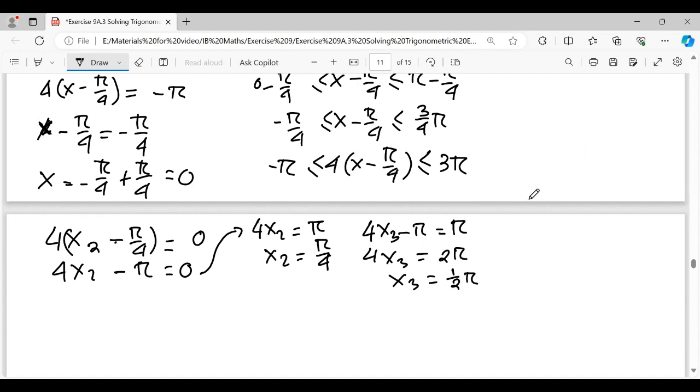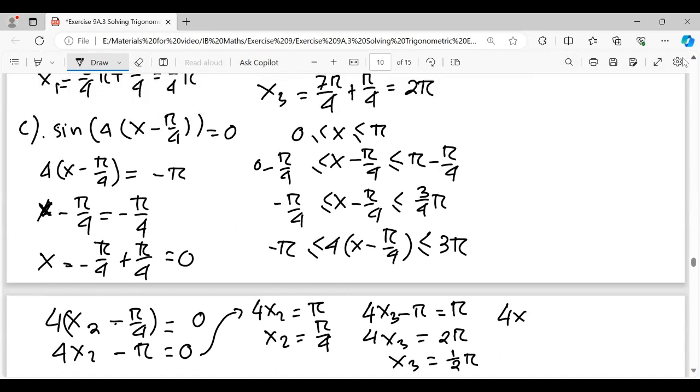And x4, I'm going to use this space for x4. 4x4 minus pi equals 2 pi.